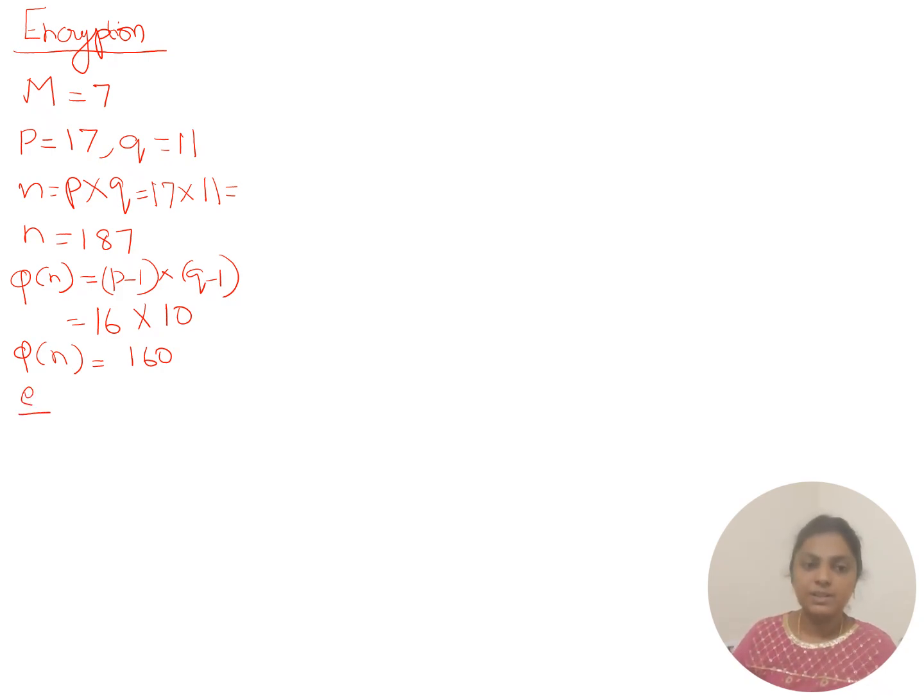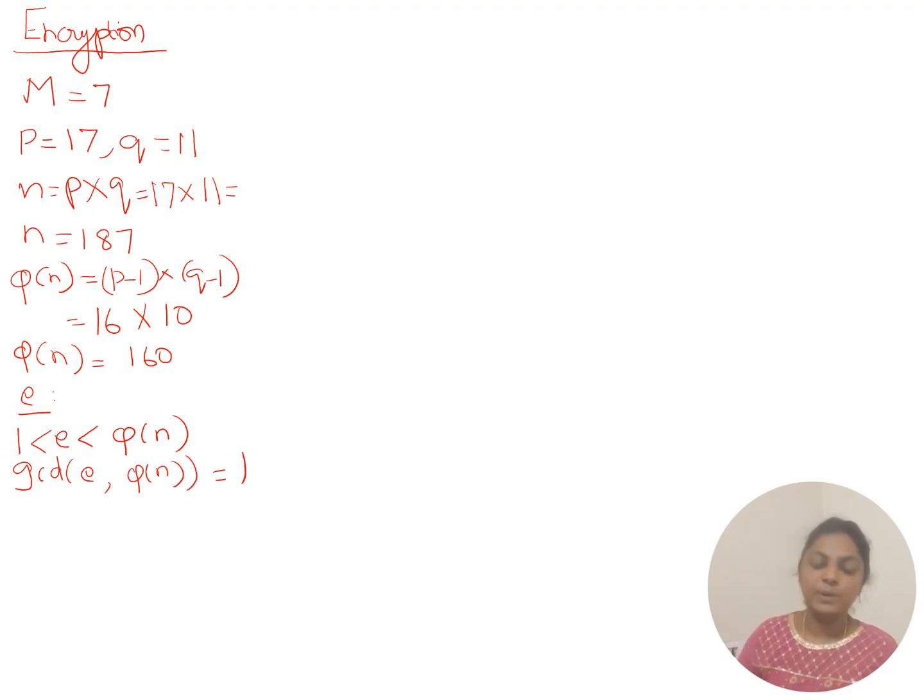The encryption key is denoted by e, and it is calculated based on two conditions. The first condition is the e value should be within 1 and phi of n, and then the GCD of e comma phi of n should be 1, which means between the selected number and phi of n, here phi of n is 160, which ends with 0, so its factors are 5 and 10.